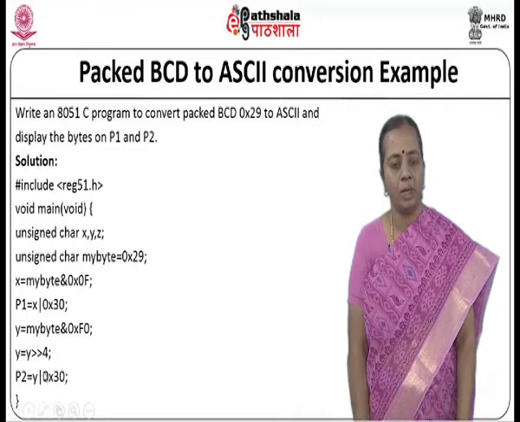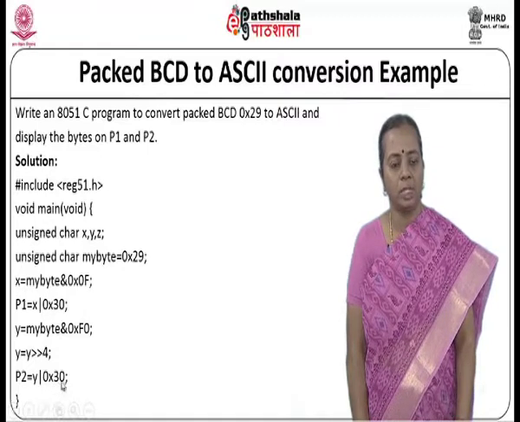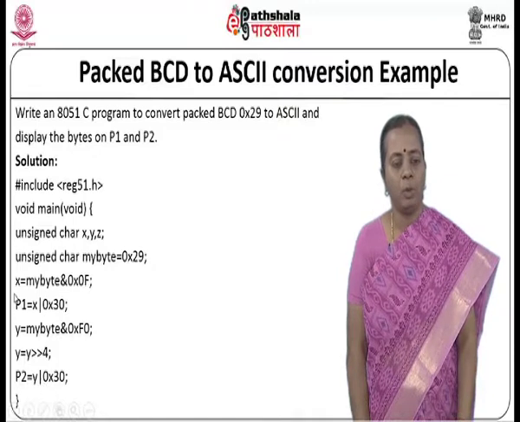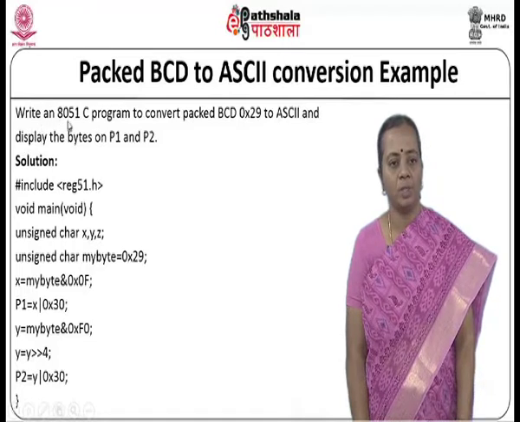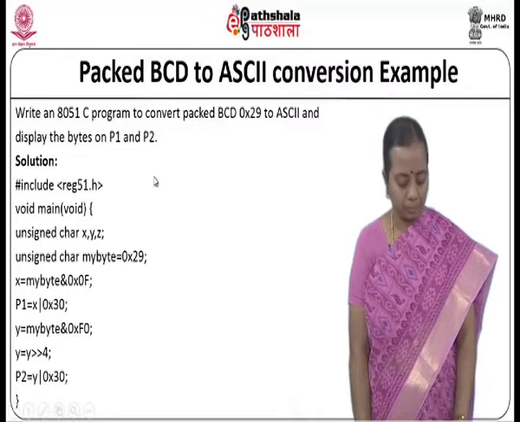Instead of getting a 2 0, I am getting a 0 2 now. So, y is ORed with 30, so that 2 is ORed with 30, and we will be getting 32, which is the ASCII equivalent for 2, that will be supplied to P2. Now, you just see that P2 and P1 together we can get the bytes. So, our program demonstrates converting a packed BCD 29 to ASCII, and the display of the output is given at P1 and P2 together.